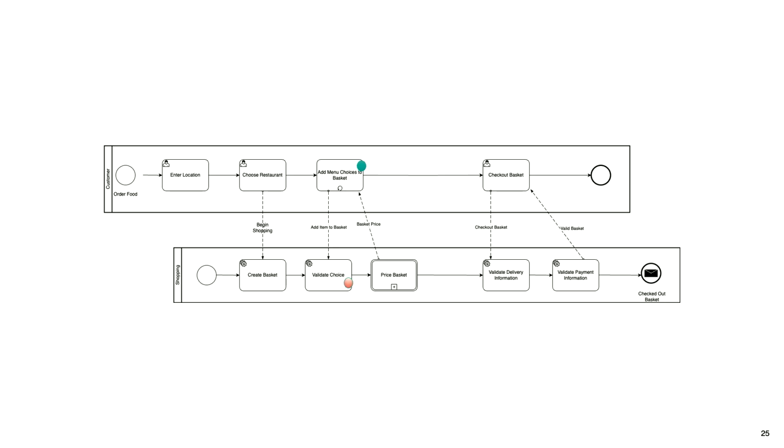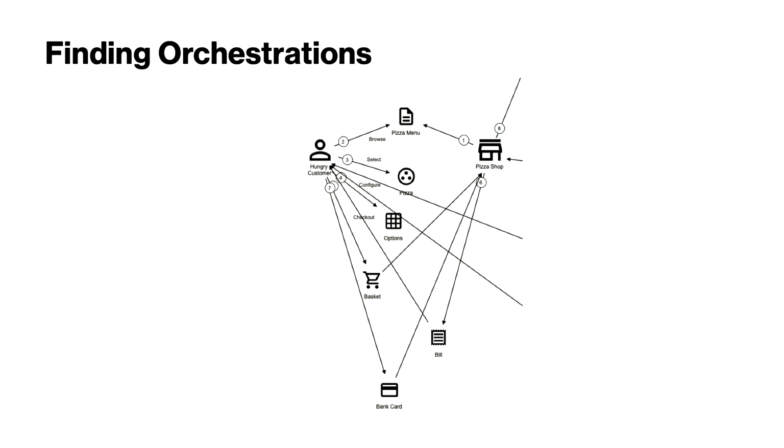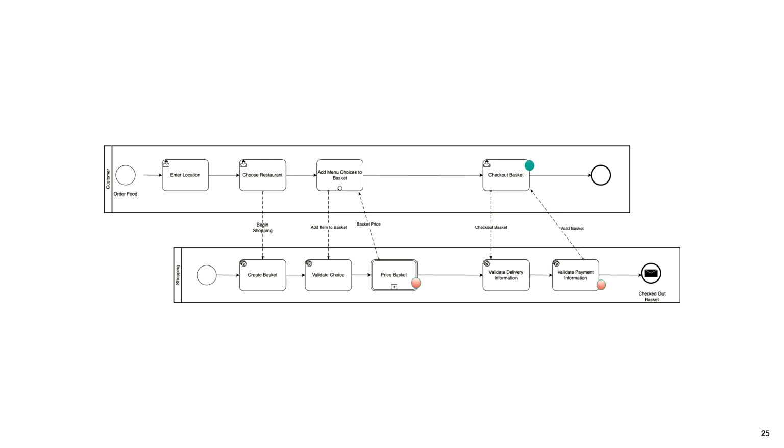As you choose menu items, we will validate and price your basket. Eventually, you will choose to check out, and we will validate where we can deliver it. We will validate your payment and check you out. So we're running two different orchestrations in parallel. And you can think about the fact that we've probably got entirely different processes and threads of execution running here.